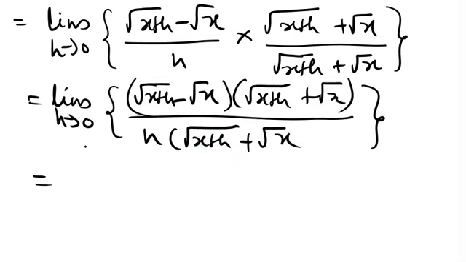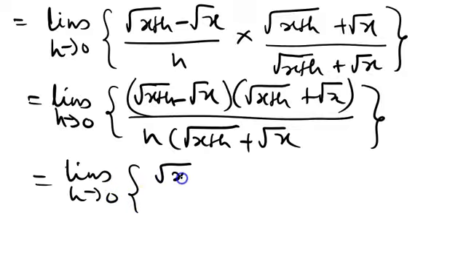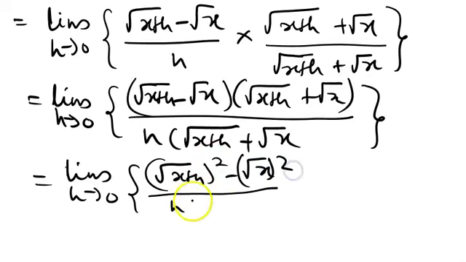Now at the numerator, anytime you multiply a binomial by its conjugate, the result becomes difference of two squares. In that case, we have the limit as h tends to 0 of square root of x plus h all squared minus root x all squared, over h times square root of x plus h plus root x.